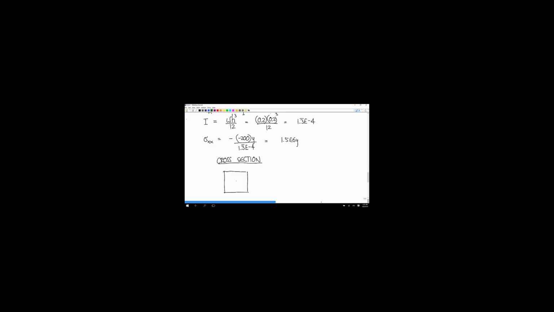So the x-axis is out towards us. The y-axis is up. The z-axis is this way. And how do we decide where the origin is? Because we're just talking about the y value up, down, it matters where the origin is. It's the middle. It has to go through the centroid. Okay, the z-axis has to go through the centroid.